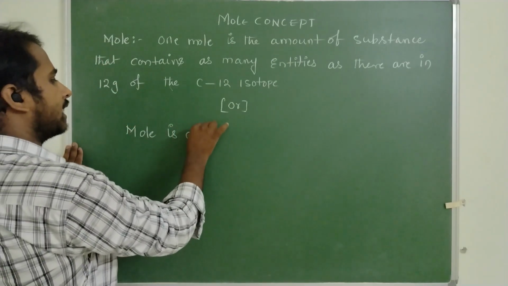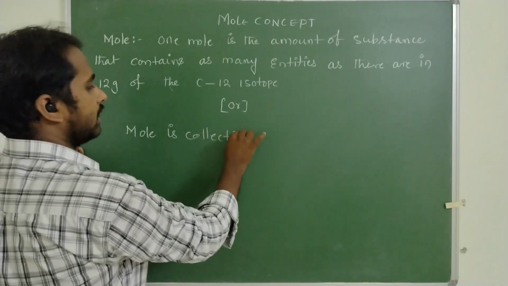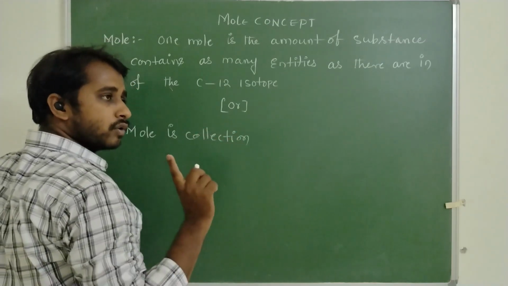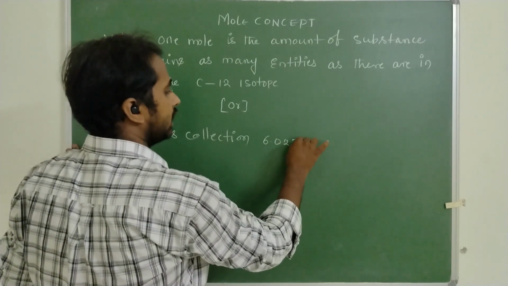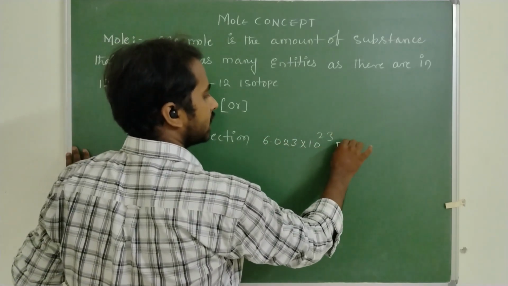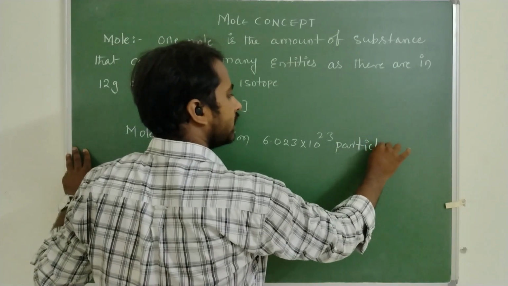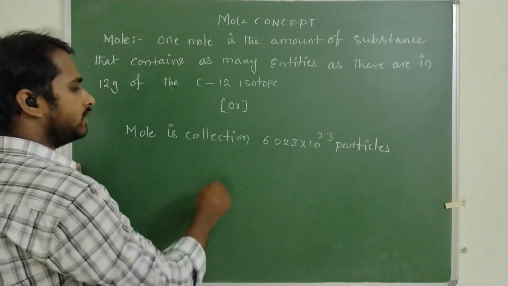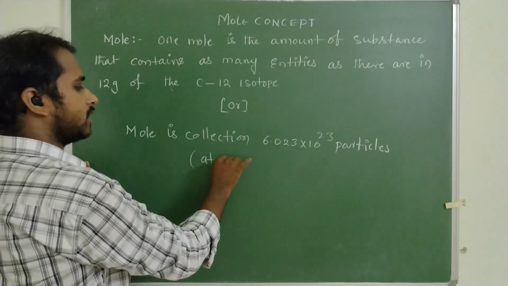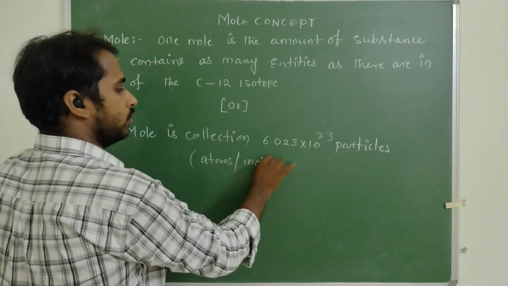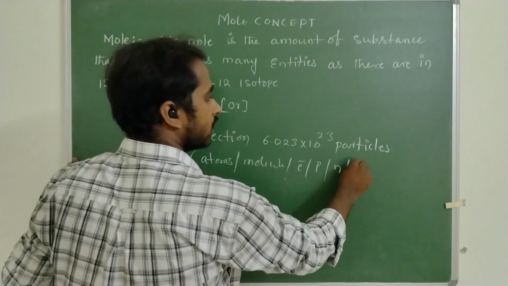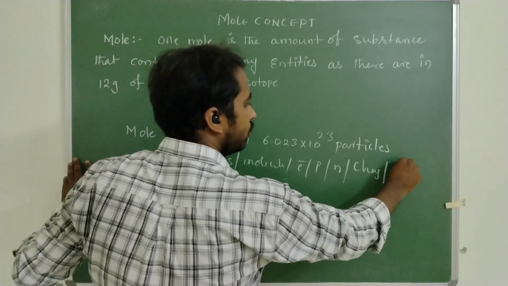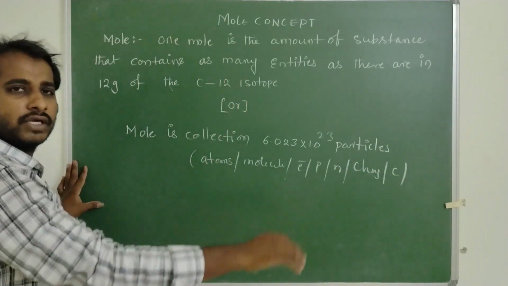Mole is a collection of Avogadro number of particles, that is 6.023 into 10 power 23 particles. So we can use this definition. Here particles could be atoms, molecules, electrons, protons, neutrons, charge, coulombs, whatever it could be.